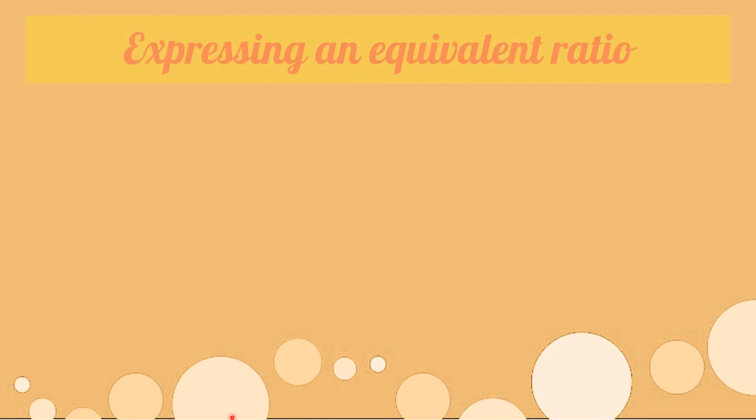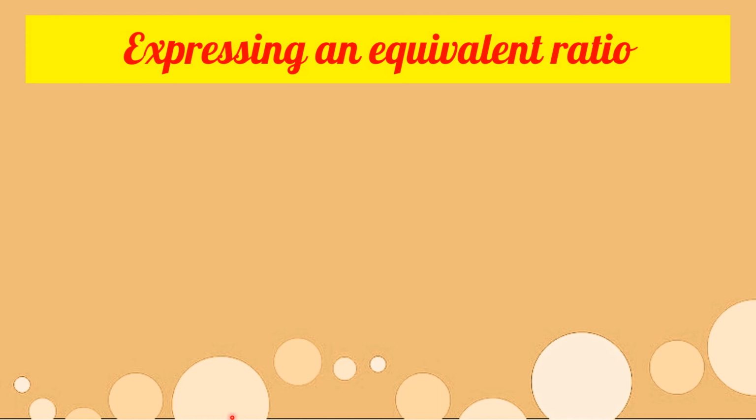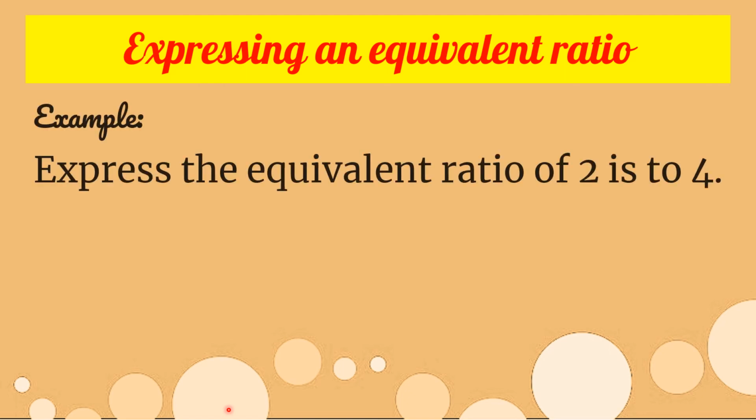Okay, so we are done with the 3 ways in writing a ratio. Now let's proceed with expressing an equivalent ratio. From the word equivalent, equal, magkapareho ng value. So a ratio can be expressed in many equivalent ratios. By how? For example, express the equivalent ratio of 2:4.